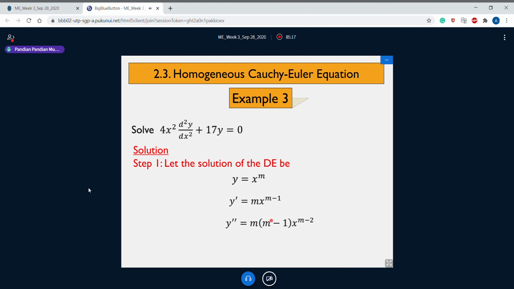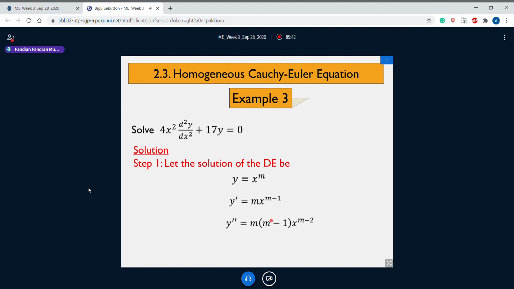So if you go back to the first slide on Cauchy-Euler, the equation is ax squared y double dash plus bxy dash plus cy equals 0. This is the general homogeneous Cauchy-Euler second order linear differential equation.